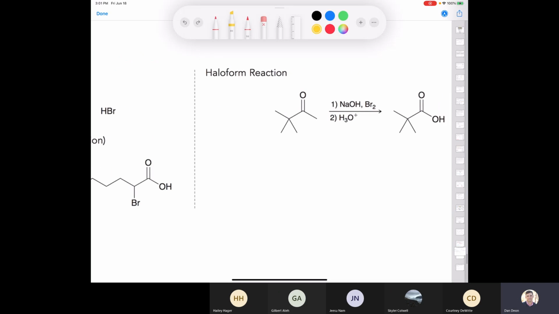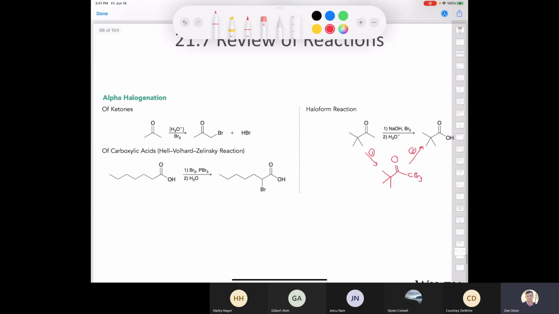The haloform reaction, hey, one of my favorites, right? You treat the methyl ketone with excess sodium hydroxide and bromine, and you actually end up with this compound where you have your carbon and then you have 3 bromines, so that makes it a good leaving group, and then you hydrolyze it.